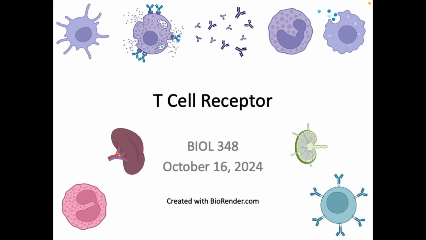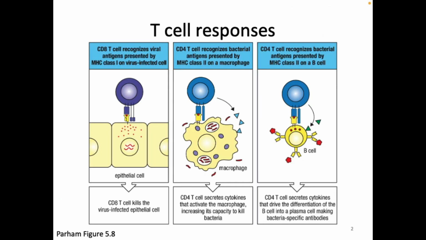So today we're going to start talking about the T cell receptor. And the point of talking about the T cell, about MHC, which we've been doing, is that we are really thinking about the antigen that is bound by the T cell receptor.